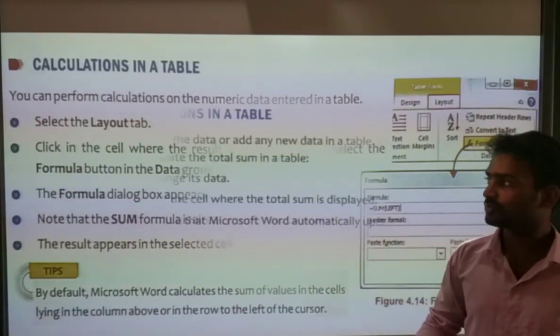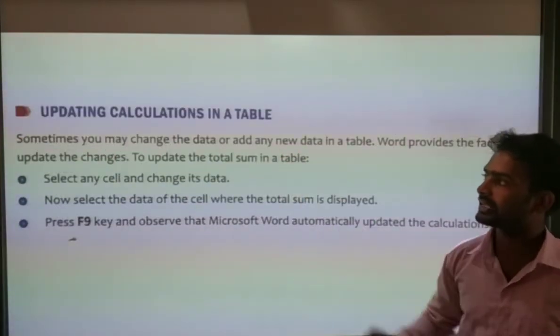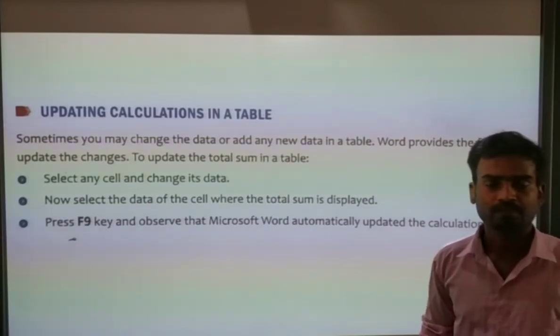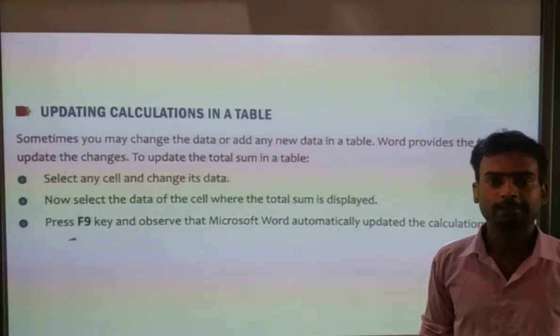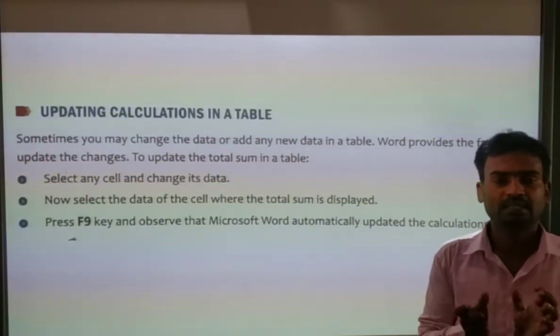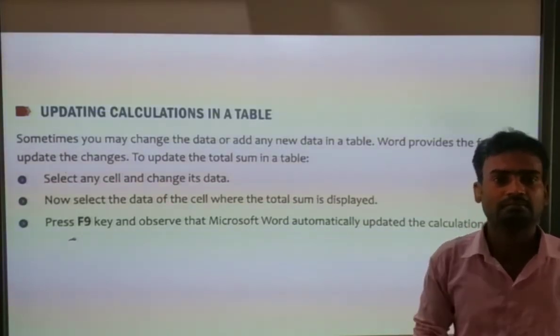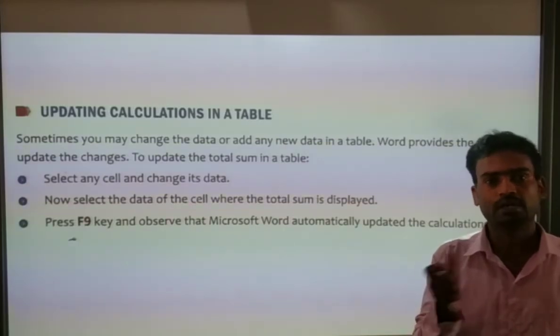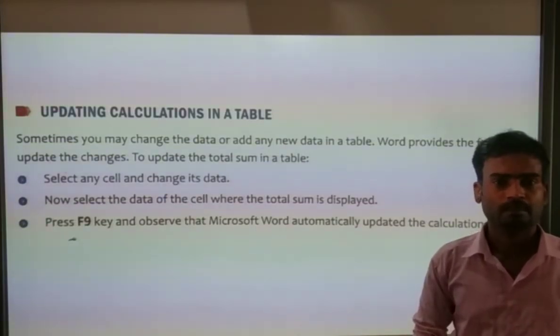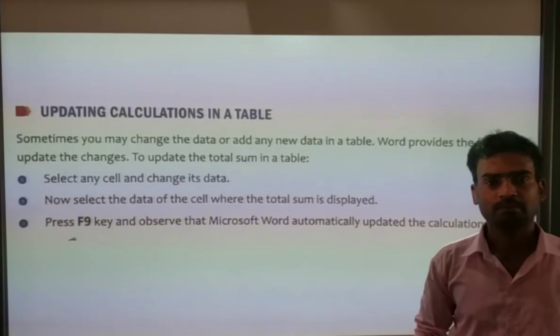So here we move to the next one: updating calculations in a table. I was telling how to update. For example, maybe I made a mistake in the marks, but I have already totaled everything. After some time I found there is a mistake in the marks. Either I have to reduce it or increase it.